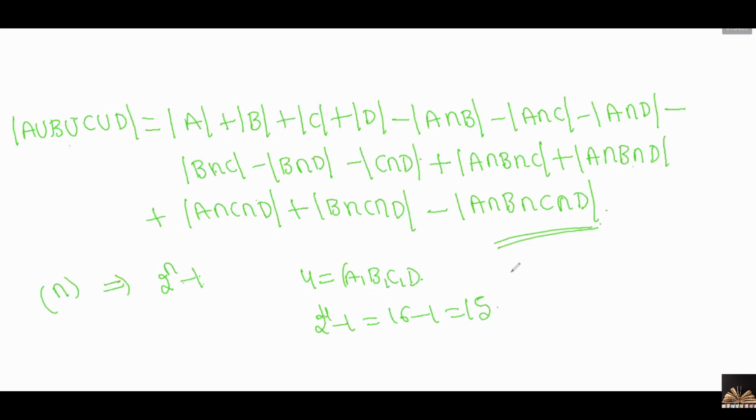Now, let me write the generalized formula. Cardinality of A1 union A2 union up to An. If n number of sets are there, first you will take single sets at a time and add them: cardinality of A plus cardinality of B plus cardinality of C, like that.